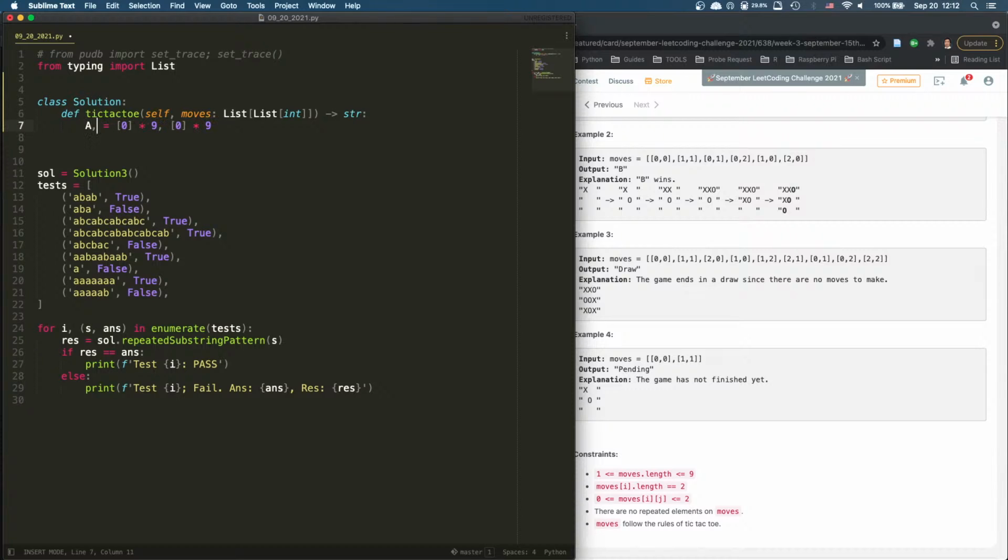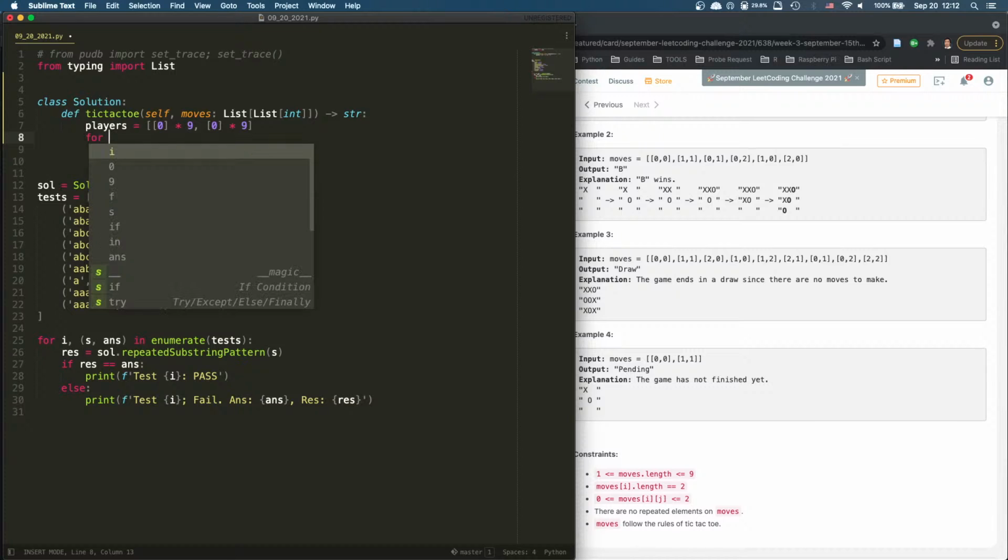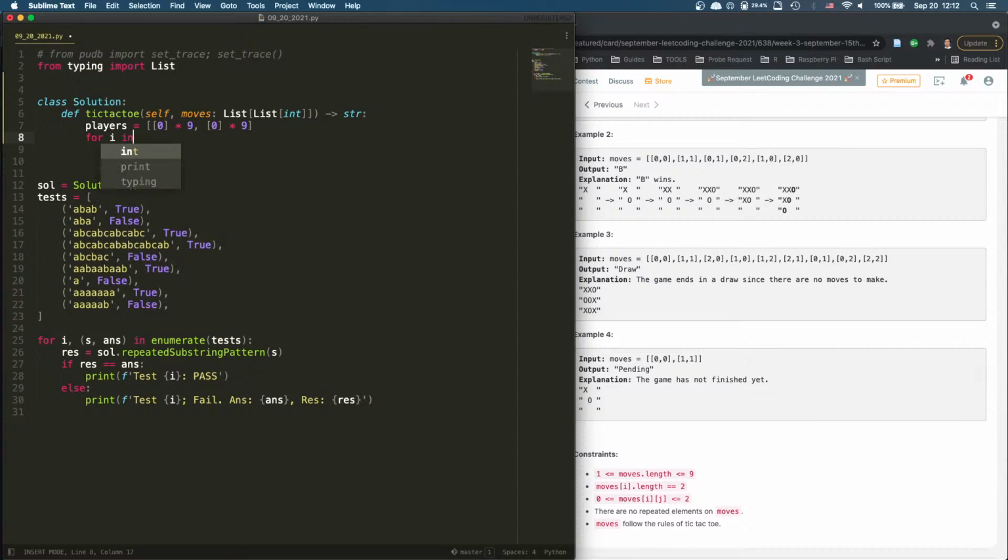So I think we can just say players, right? This is players. And then we can say for index i, j, enumerate moves, right?